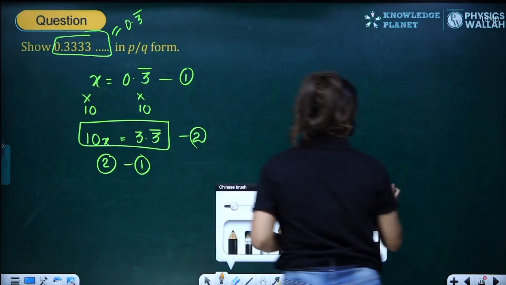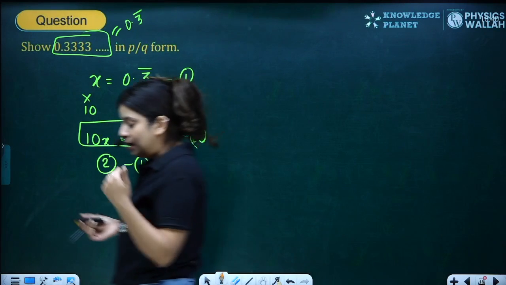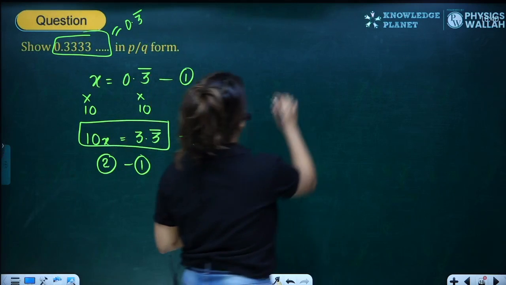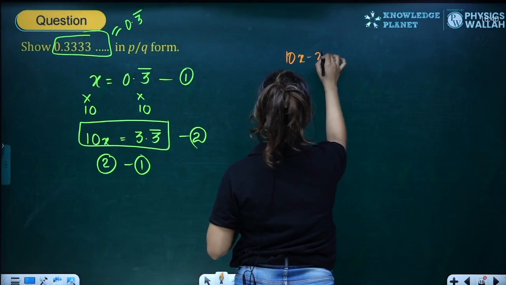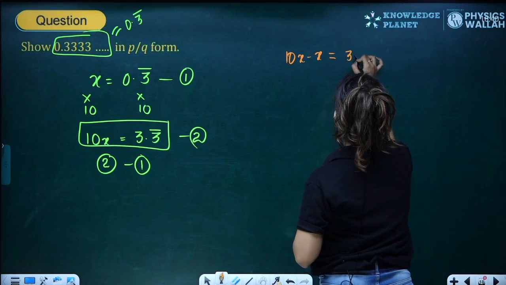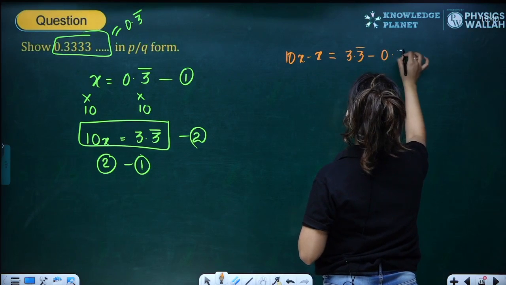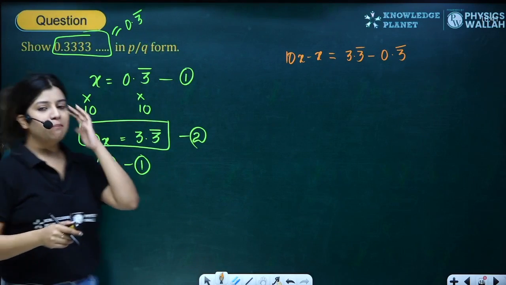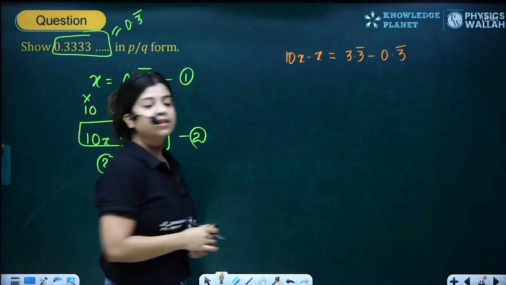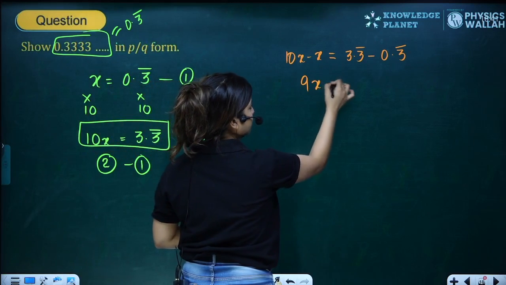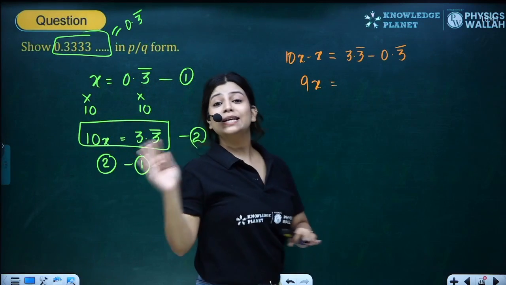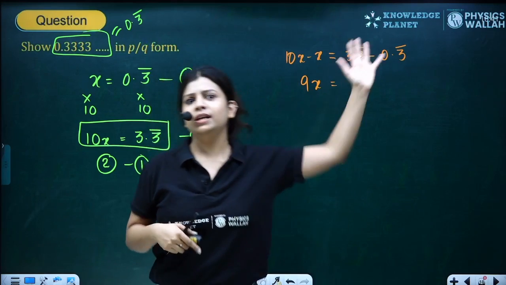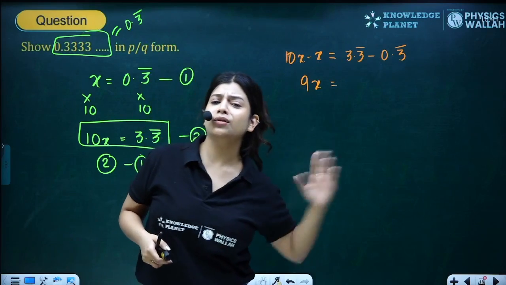The next step is to subtract the first equation from the second equation. Now let's do it. This will give me 10x minus x is equivalent to 3.3 bar minus 0.3 bar. 10x minus 1x will give you 9x. 3.3 bar minus 0.3 bar, see, 3.33333333 endless minus 0.333333 endless.